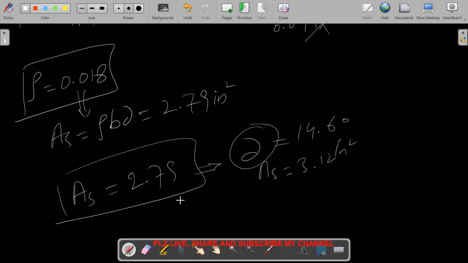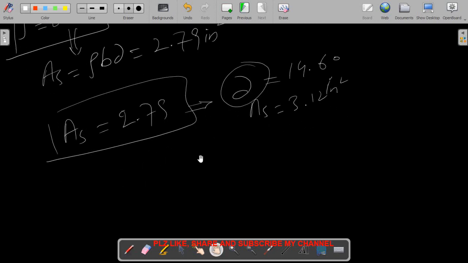But as we change the depth from 14.60 to 15.5 inches, now it will give me this amount of steel.